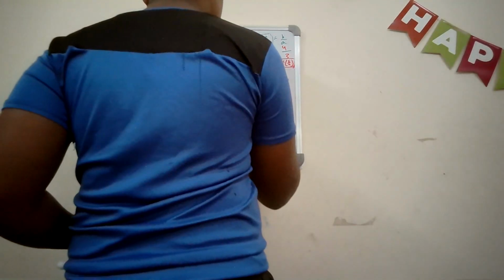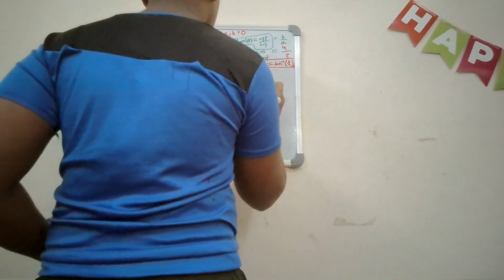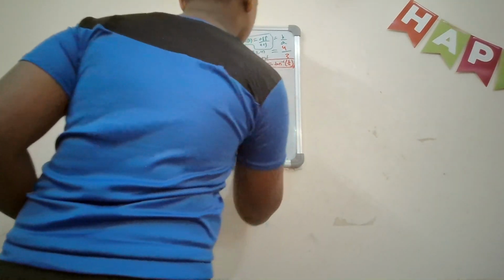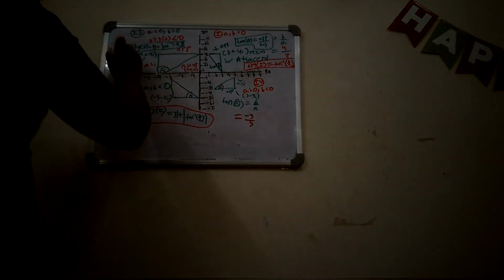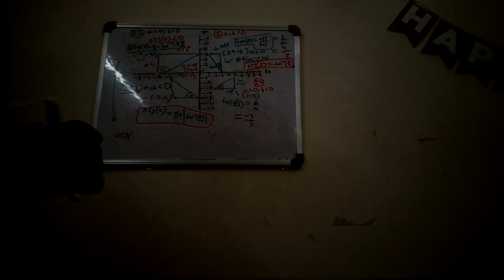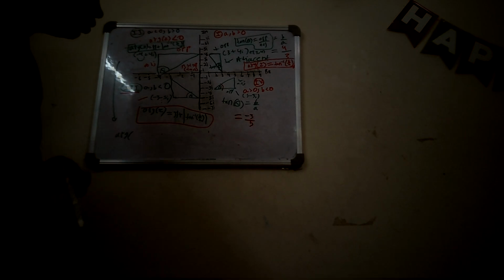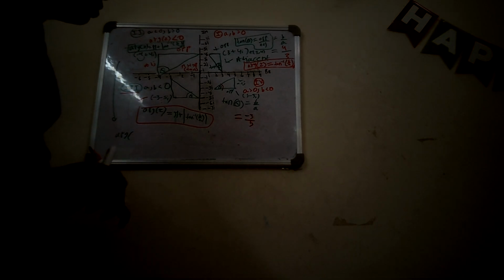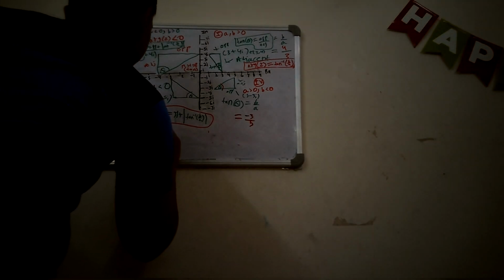So in this case, we're finding the argument of which complex number? 5 minus 3i. And suppose in quadrant 2 we found the argument of minus 5 plus 3i.